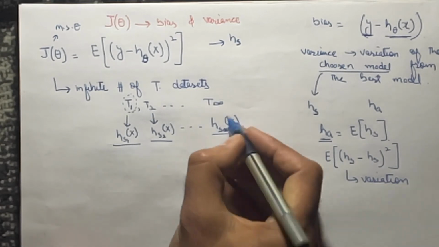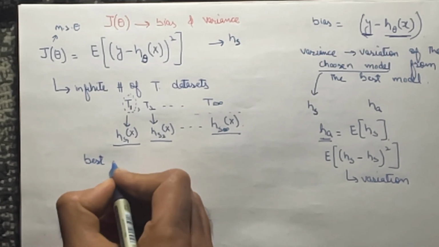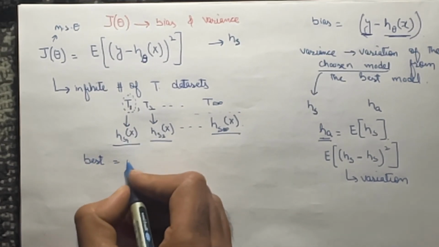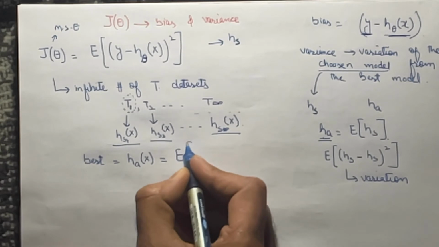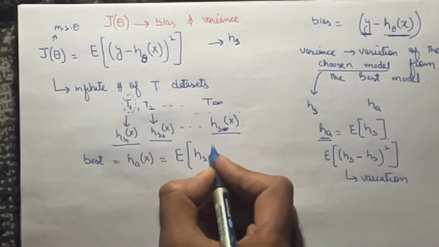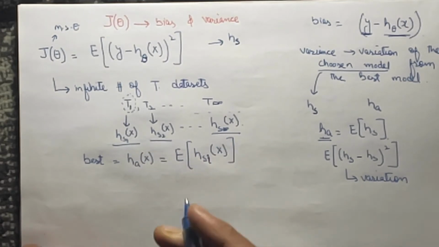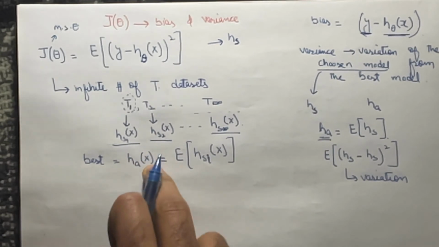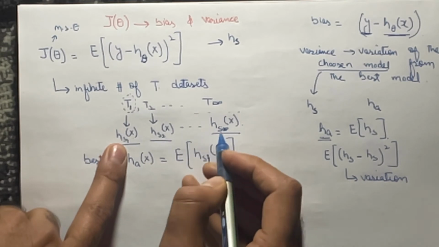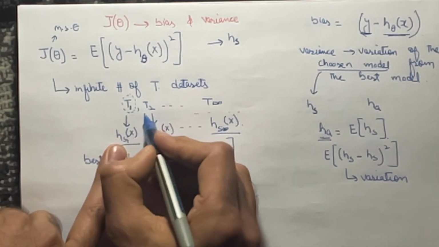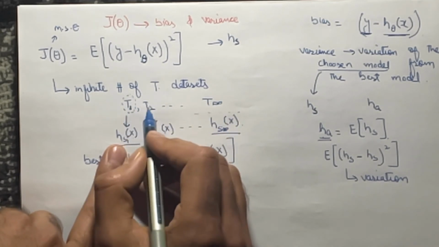From these models, the best model will be the average of these models. I will write it as the average model, which is the expectation of these models over the training sets, which can be anything: 1, 2, 3, 4. The average of all these models is our best model. If all these models are almost the same, that means they are very less sensitive to data variations, to variation from one training data set to another.